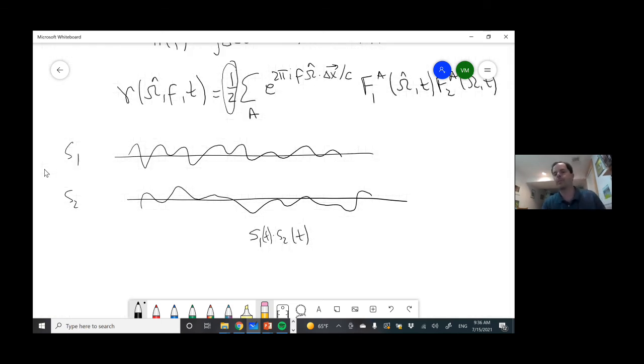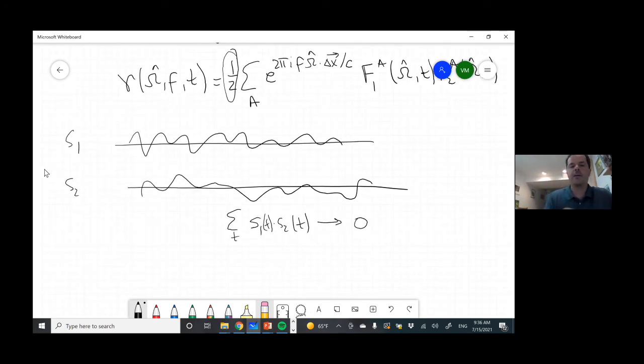At one particular time, maybe it will be slightly positive. At another time, it may be slightly negative. And when I sum over time, this should approach 0, right? Because I'm adding some positive and some negative numbers, and the result will be converging towards 0.